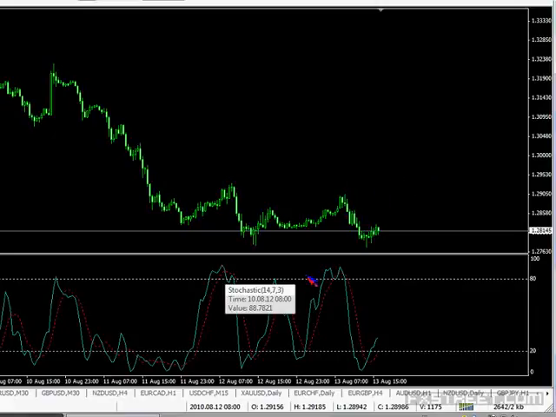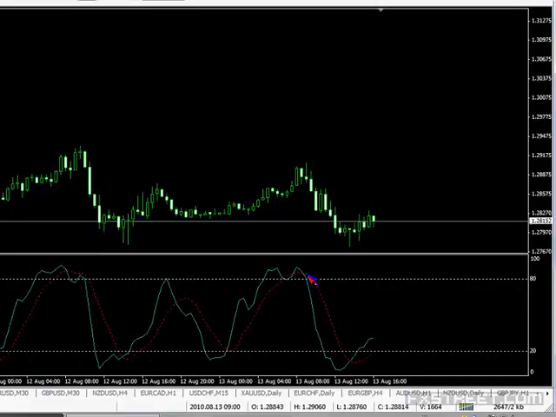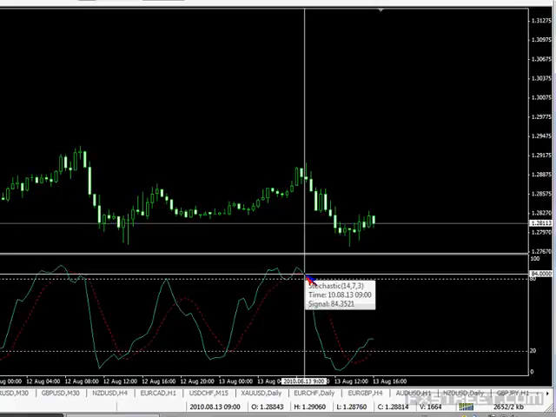This is a way of reading signals a bit earlier than waiting for the confirmation of the levels break. When the stochastic line catches the signal 1, like in this case, we have an early selling signal, or buy in this one, okay? We have an early signal.